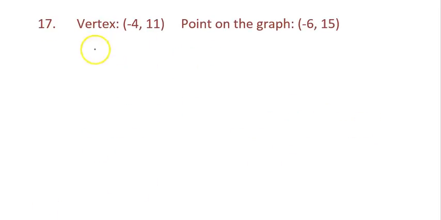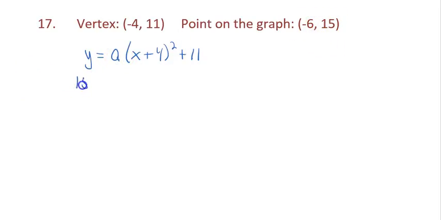Okay, in our last example, you can try it on your own, or you can just follow along. Because they gave you the vertex, we would start by saying, okay, that would be x plus 4 squared, and then plus 11, because it would have been moved left 4 and up 11. But again, I don't know what's in front, so I'm putting an a, and then I'm going to plug in the x and y.